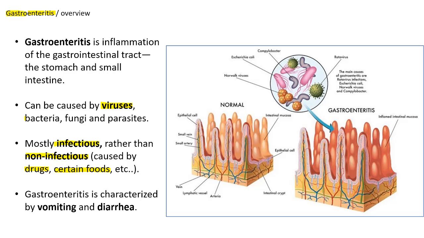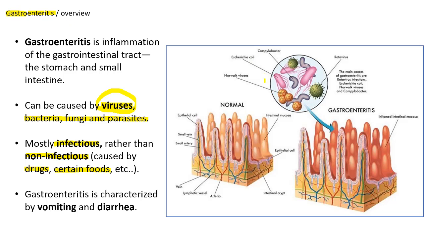Although gastroenteritis can be caused by bacteria, fungi, or parasites, viruses remain the most common cause of gastroenteritis. Although there is regional and seasonal variation in the etiological agent, viruses are probably the most important agent in causing gastroenteritis.